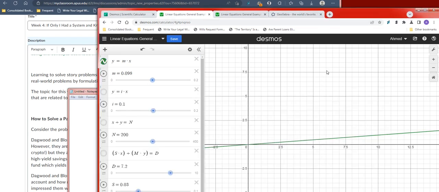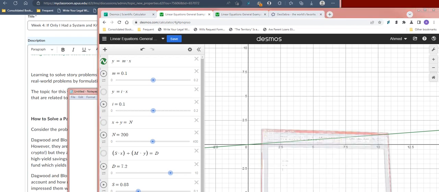I'm going to just click over here, and let's say the interest rate that you had was what? Let's pick 10% per year, which is pretty hefty for a bank account interest rate. And remember, I said represent the interest rate in its decimal form. So 10% per year is 10 over 100, which is equal to 0.10.